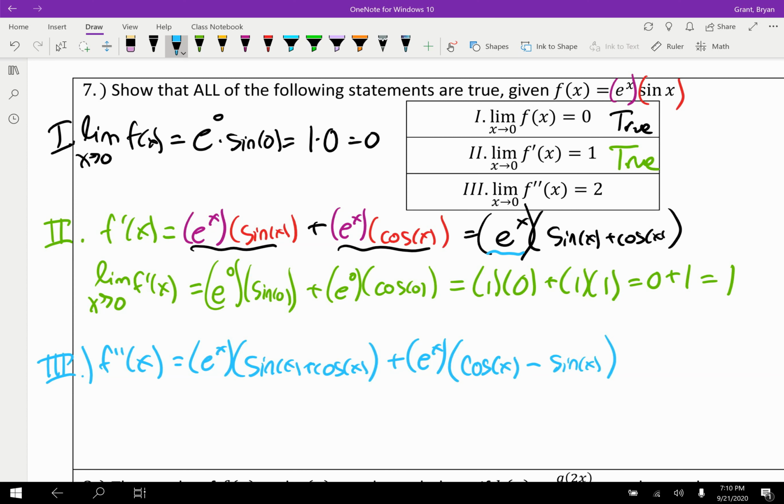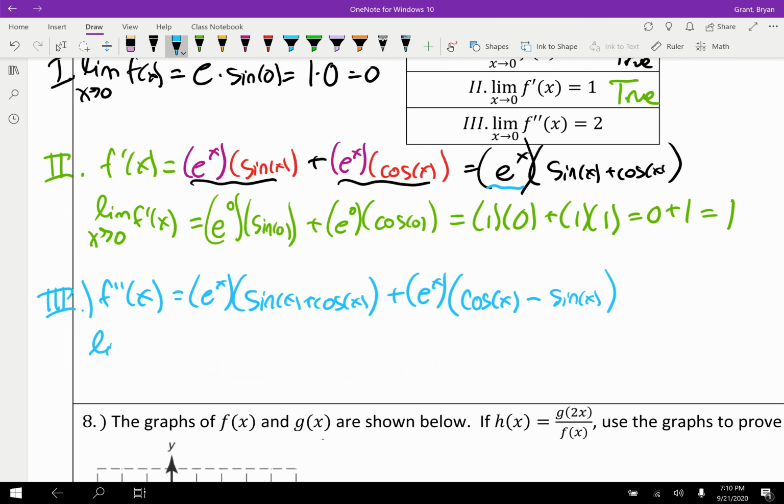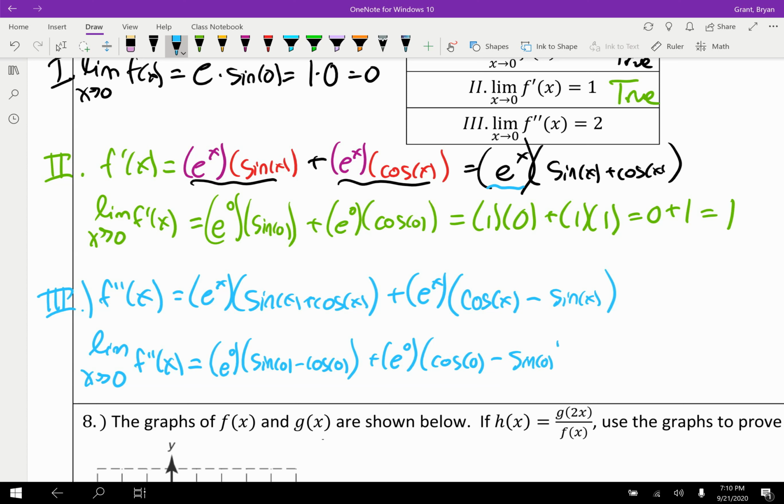Nothing terrible. When we want to go through and find the limit of this, because I think these are all still continuous, right? E, sine, and cosine are all still continuous functions. We can just evaluate them all at 0. So we get e to the 0th, and then sine of 0 minus cosine of 0. Probably should have skipped to the next step. Think I might run out of room. Oh well, something about 20/20 hindsight, but the odds of me re-recording this are extremely slim.